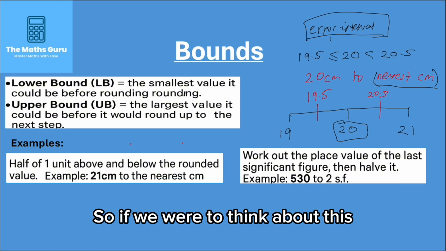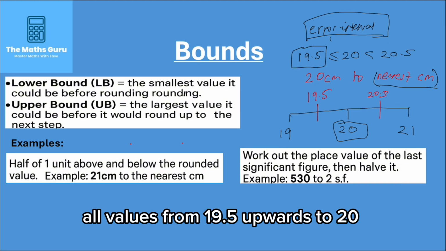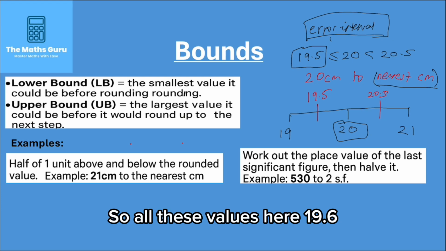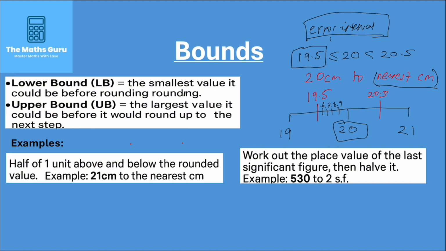So if we were to think about this, all values from 19.5 upwards to 20, so all these values here, 19.6, 19.7, 19.8, 19.9, will all round to 20, including 19.5.